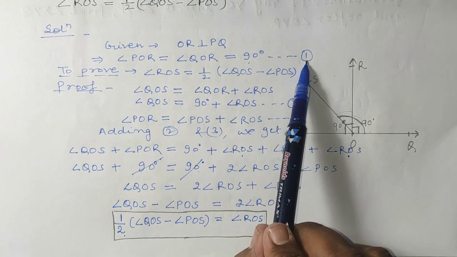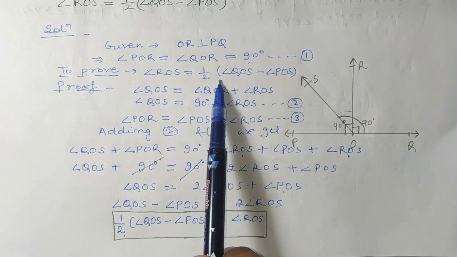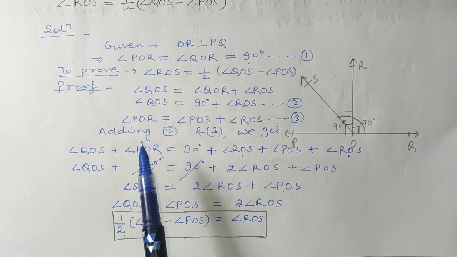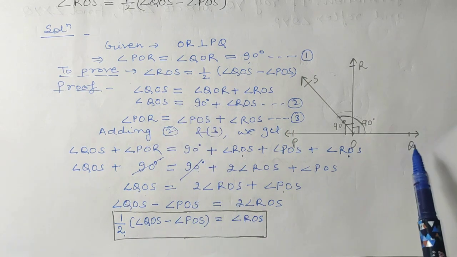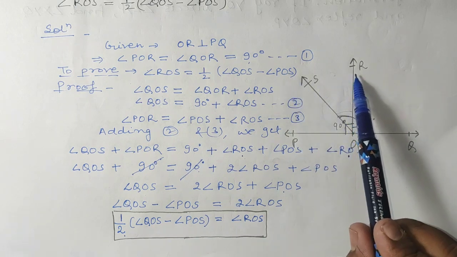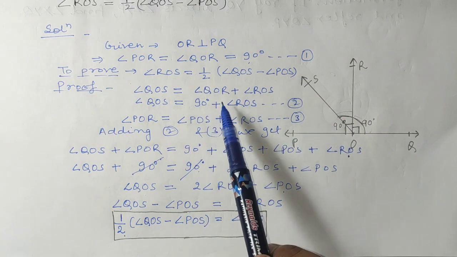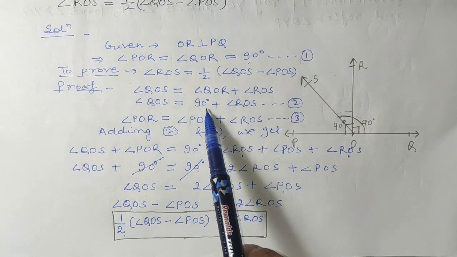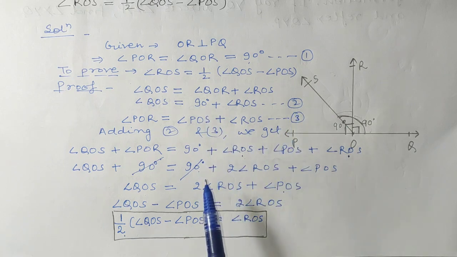Okay, this we have supposed equation number 1. Then we have written what is to prove. In proof part, firstly we have written angle QOS. Angle QOS is the sum of angle QOR and ROS, that we have written. But angle QOR is 90 degree, so we have put the value 90 degree. Suppose this is your equation number 2.